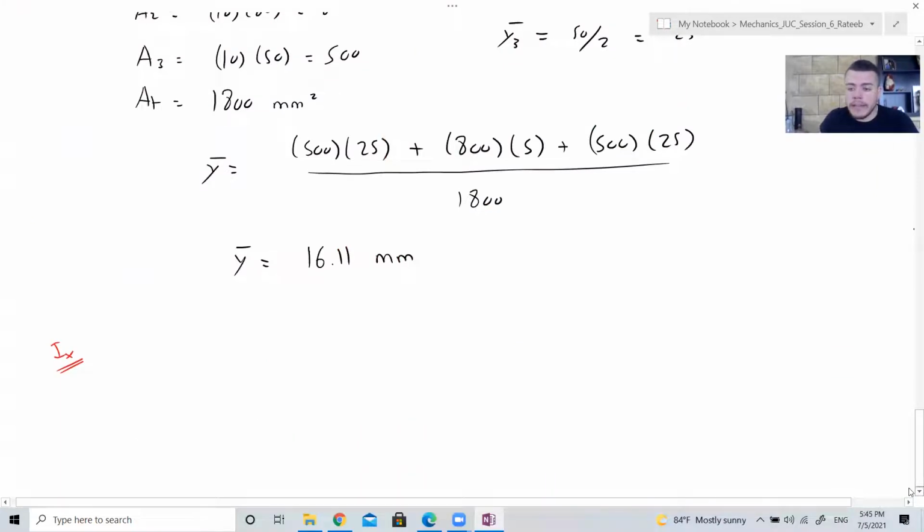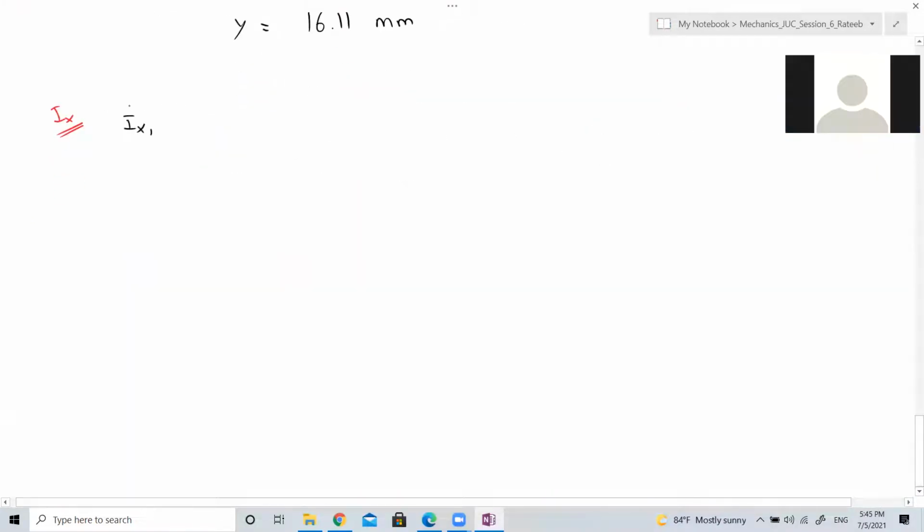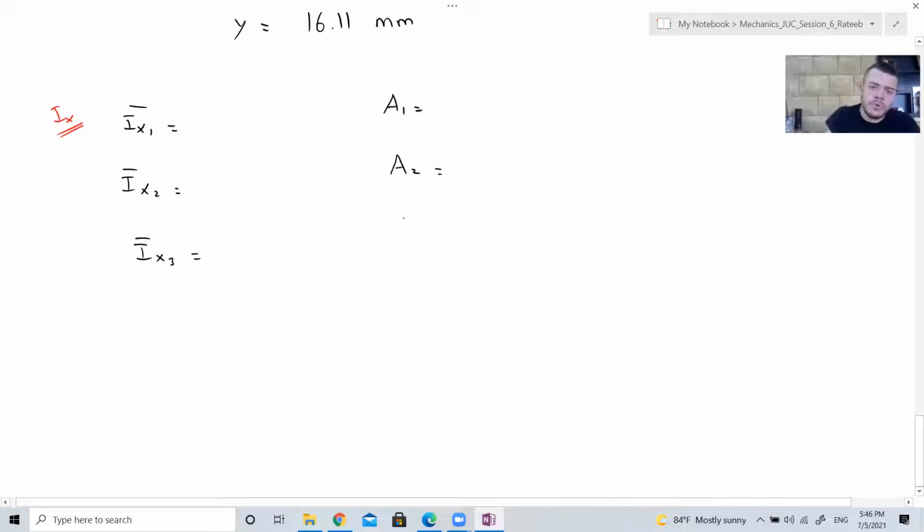How did we say we find Ix? First we need Ix1 bar, Ix2 bar, Ix3 bar, then area 1, area 2, area 3, then Y1 bar minus y bar squared, Y2 bar minus y bar squared, Y3 bar minus y bar squared.